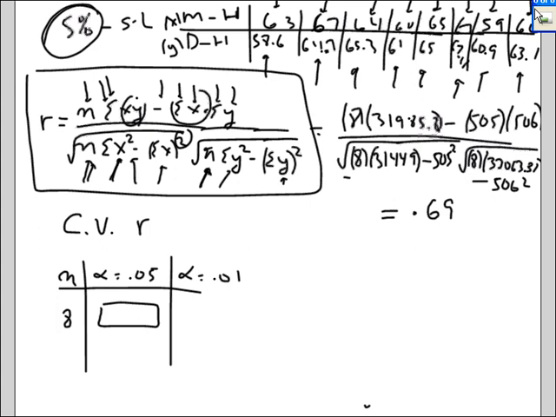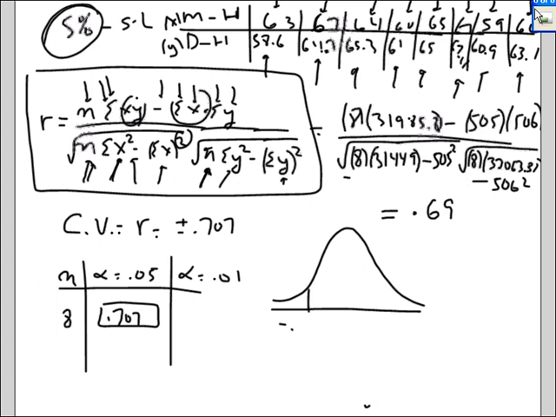Let me go to my chart, and when I look that up, I see 0.707. Actually, it's plus or minus 0.707. So basically, you have negative 0.707 and positive 0.707.